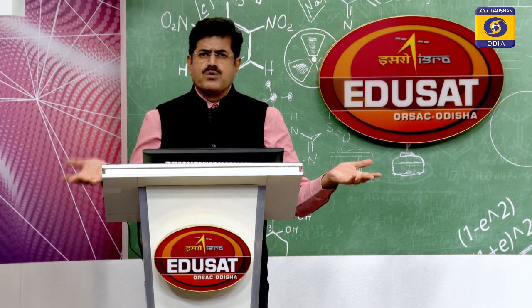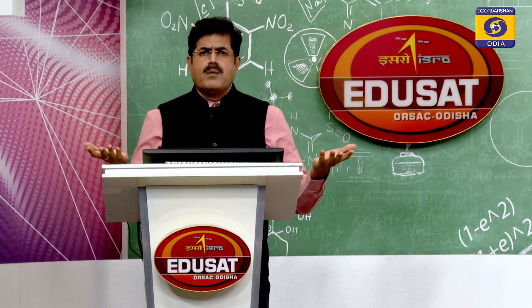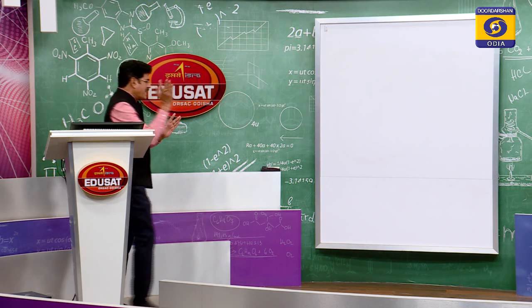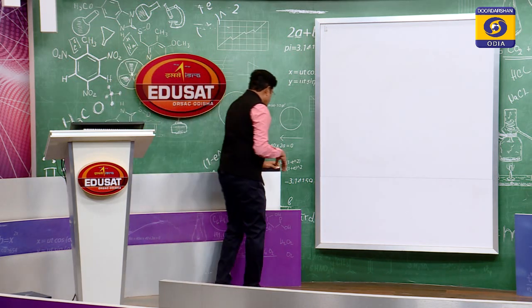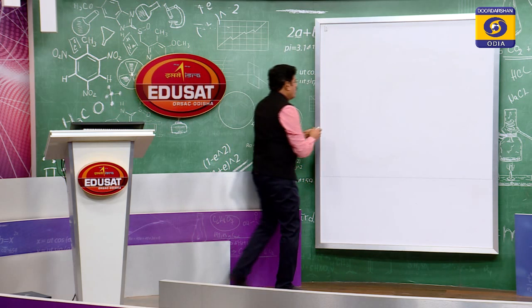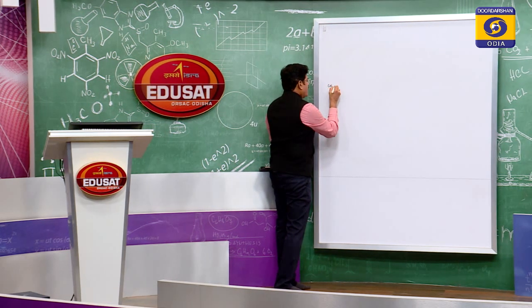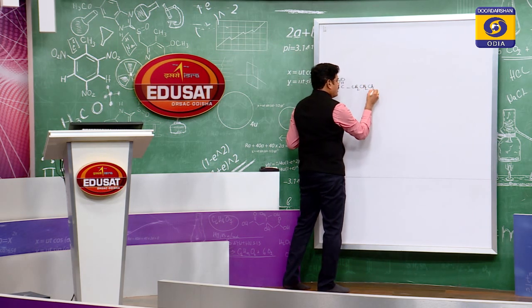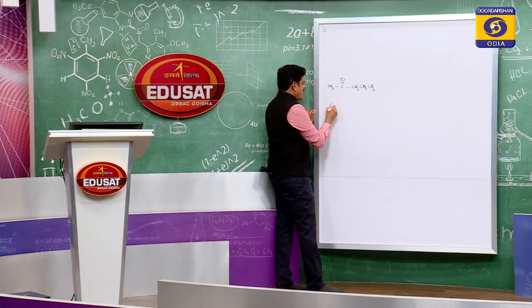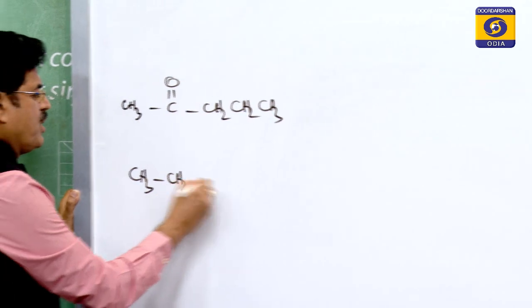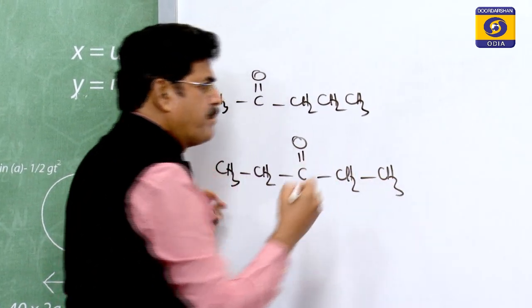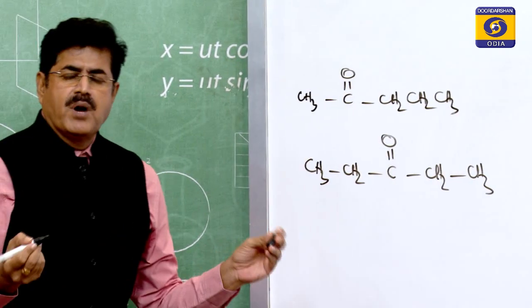If the question asks how to distinguish between pentan-2-one and pentan-3-one, pentan-2-one being CH3COCH2CH2CH3, it is very simple.